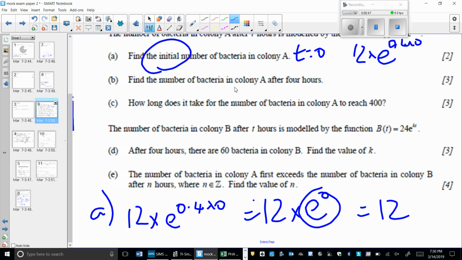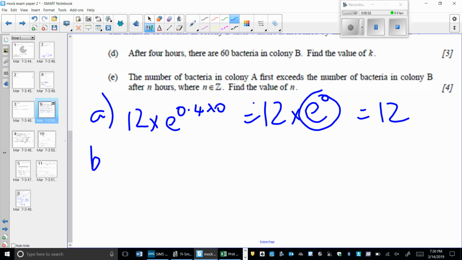Find the number of bacteria in colony A after 4 hours. So that's when T is 4.